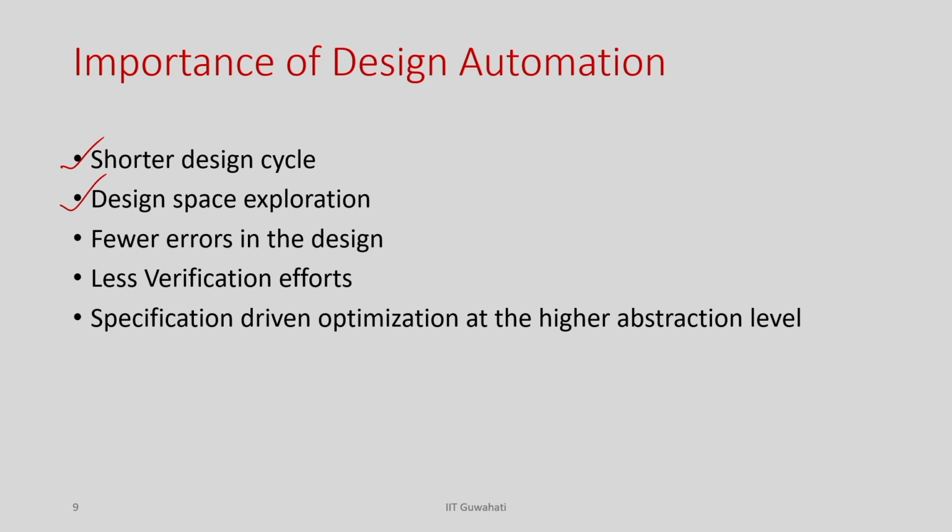The biggest advantage is the design space exploration. Suppose you want to develop a general purpose processor, and you try to develop a processor which is very fast. It will work on, say, a 200 megahertz clock or 500 megahertz clock or 1 gigahertz clock, right. So, when you develop such a processor, your objective is to optimize the speed, to improve the performance in terms of speed.